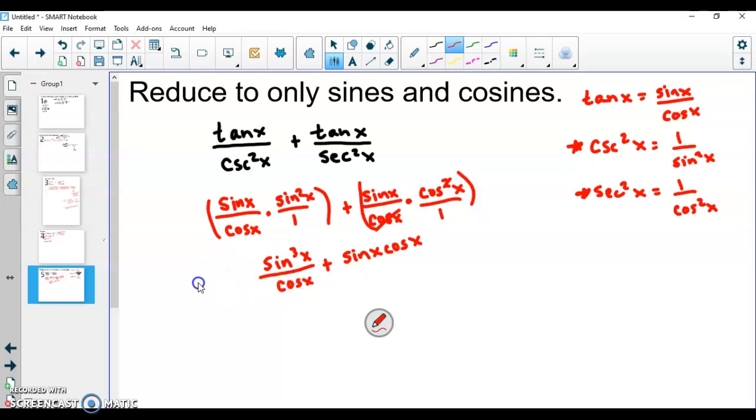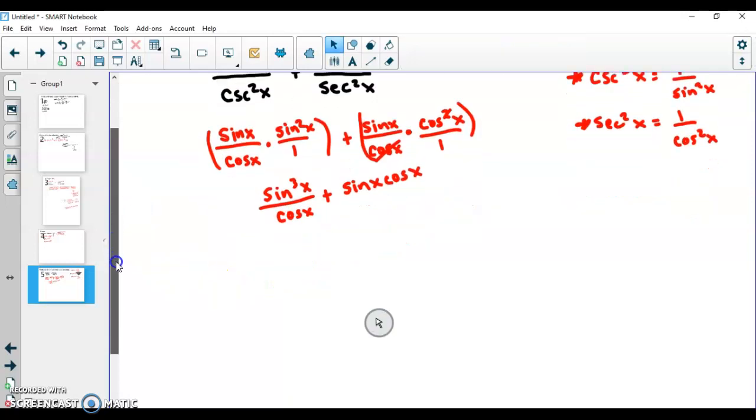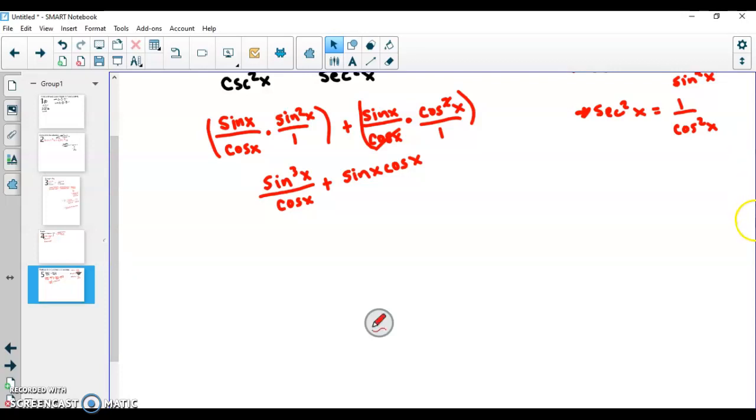So my next step would likely be to try to add those two together, and I would need a common denominator to do that. So I would say over cosine x, and then I would be multiplying by cosine x one more time. All I'm doing is making this have a common denominator.